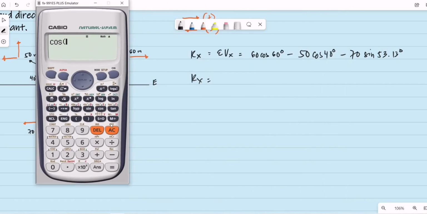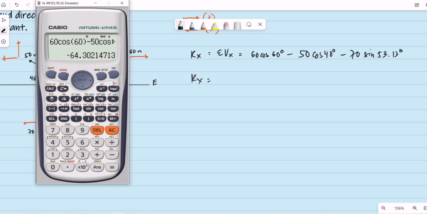Okay, so this is 60 cosine of 60 degrees, minus the 50 cosine of 40 degrees, then minus 70 sine of 53.13 degrees.